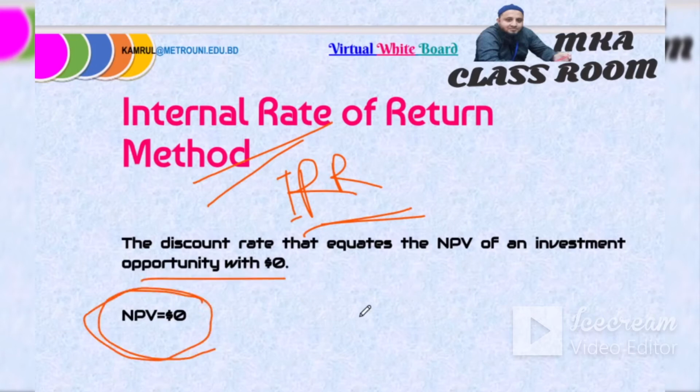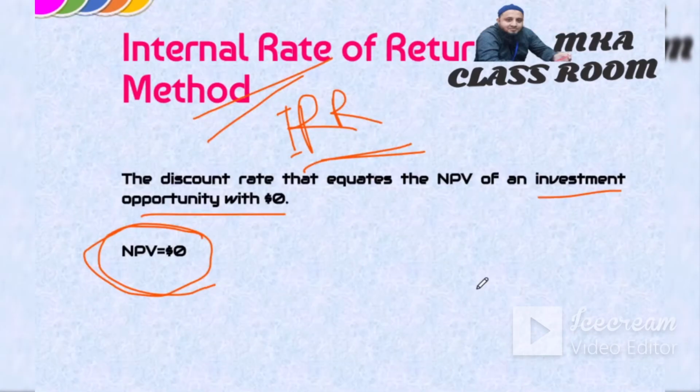Or you can say internal rate of return is a discount rate, and if we use this discount rate for your investment project to discount your expected cash flows, the result will be NPV equal to 0.